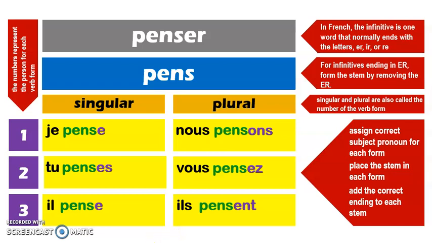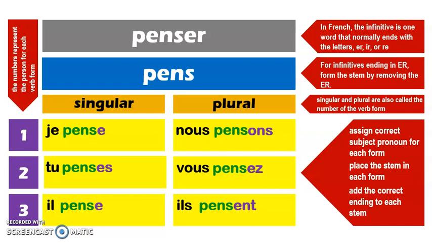And this conjugation, this pattern, will work for any regular ER verb. You form your stem the same way, you add the same letters. And that is how you conjugate verbs in the present tense in French. Now, IR verbs, you're going to do it the same way, except they're going to have a separate set of endings. RE verbs, again, you're going to follow the same process, but they will have their own separate set of endings.